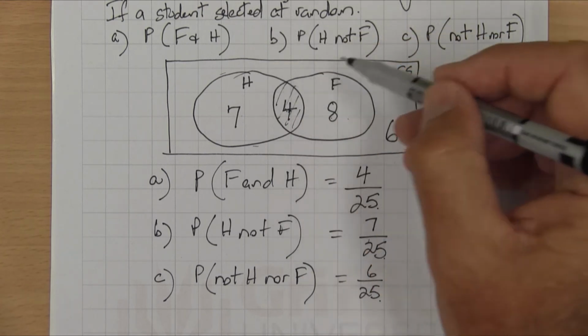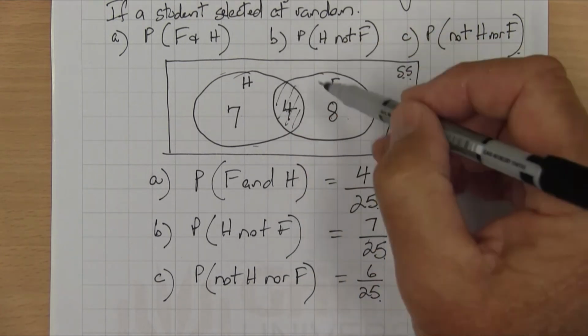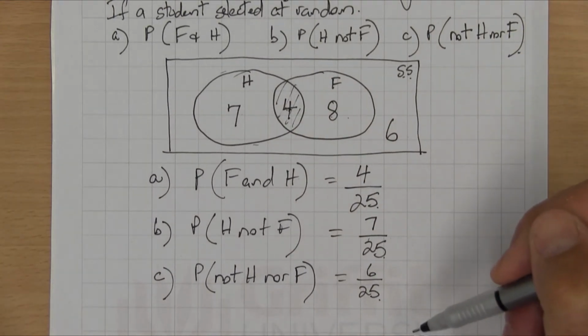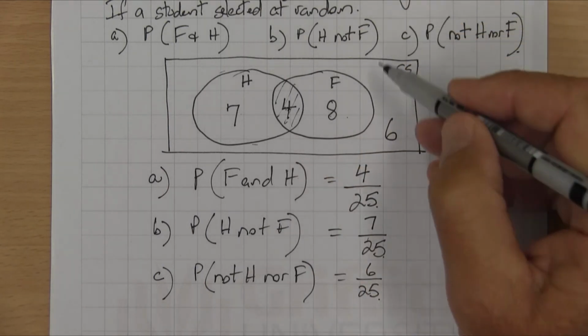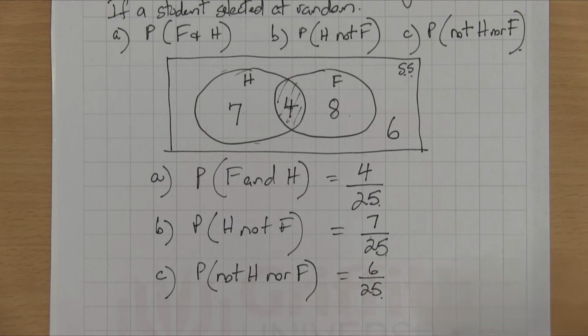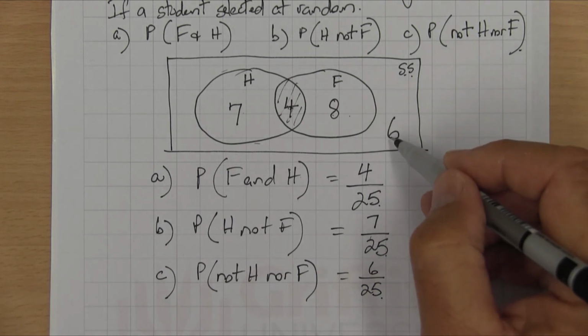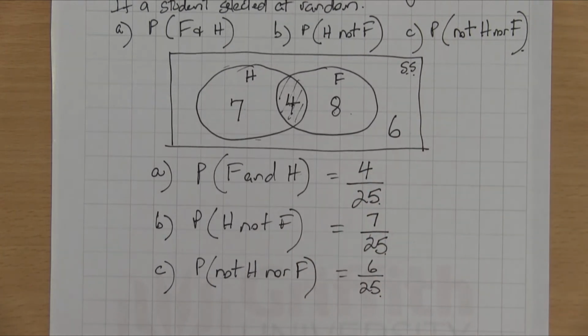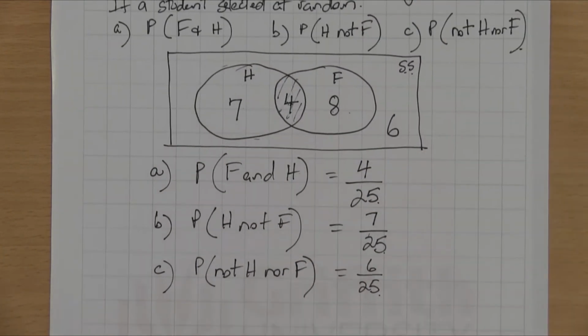And you'd have an overlap in here, so these would be the students that did all 3, and then you'd have students that do both, etc. So the overlap is a good place to start, and then you're given enough information to be able to work out the others, and then don't forget to work out the ones that are not involved in these circles, or these events, and that'll allow you to work out each of the probabilities in the question.